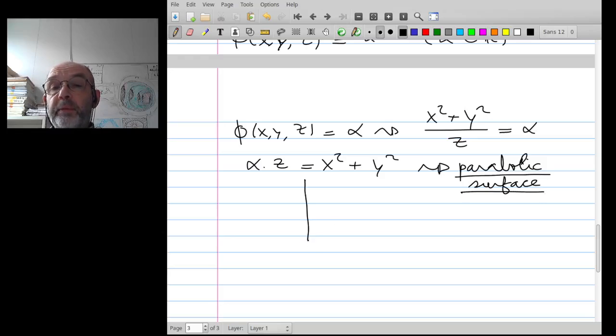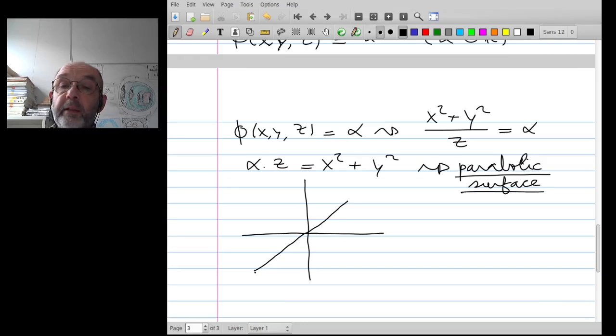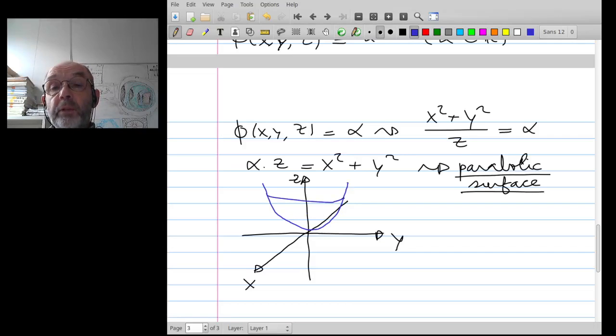If you take x equal to 0, you see z is proportional to y squared, and you can rotate that around the z-axis. And so we have those surfaces here. Maybe this one, and then you rotate around the z-axis.